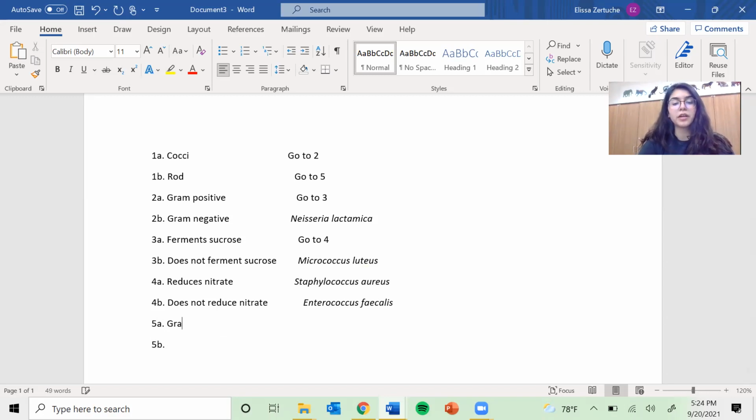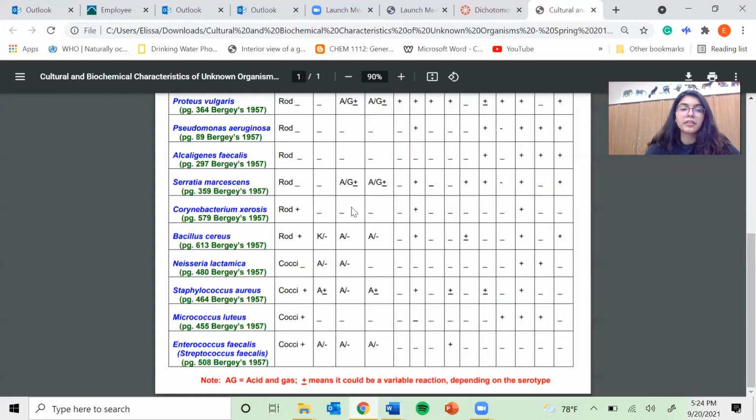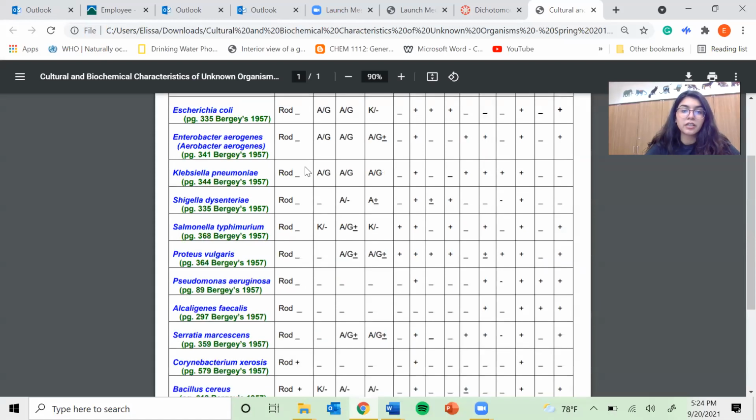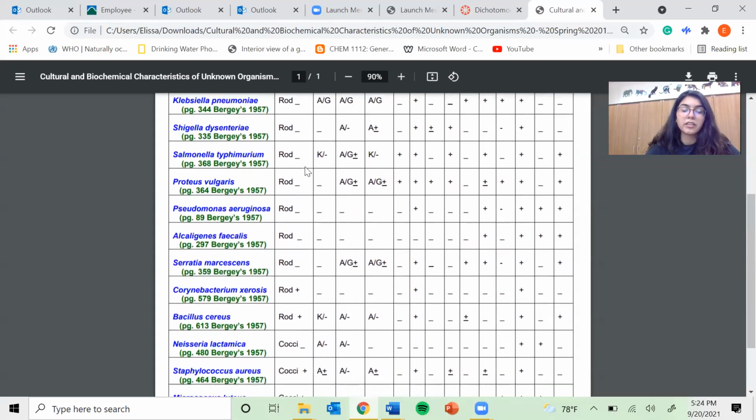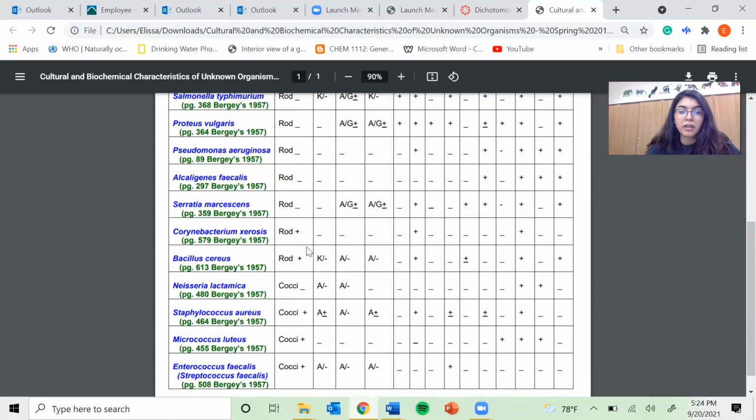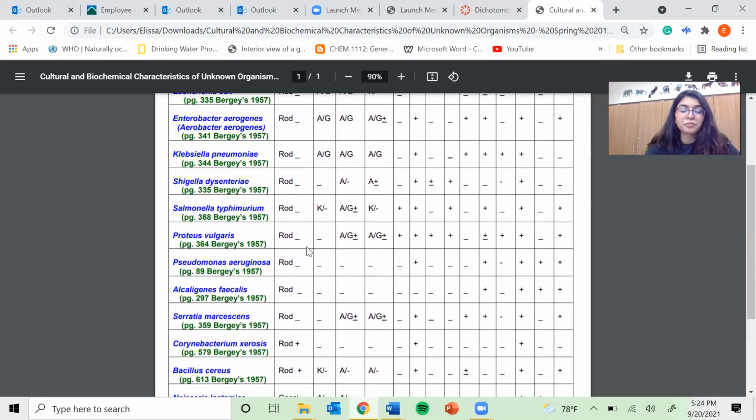We're going to go to gram positive, gram negative. And so you're going to look at the chart. You're going to see, do we have any that are just the one that we can knock out? No. So you're going to continue this process and you're just going to move down the line.